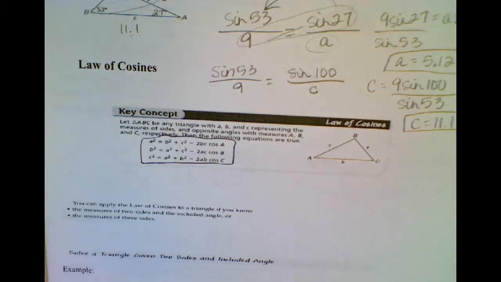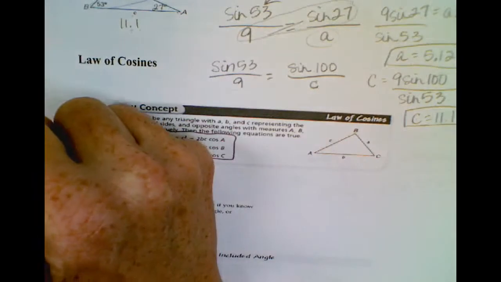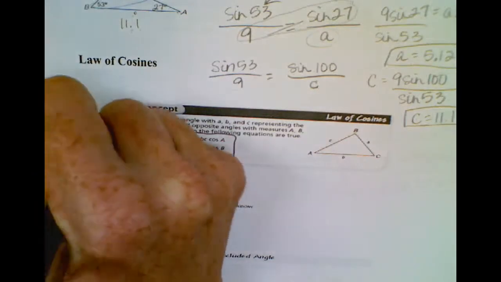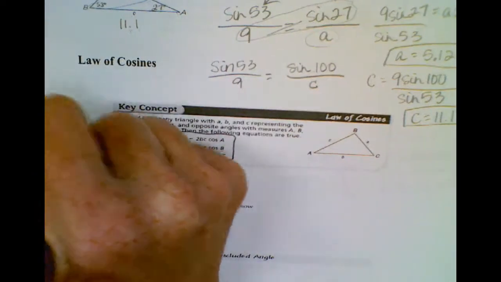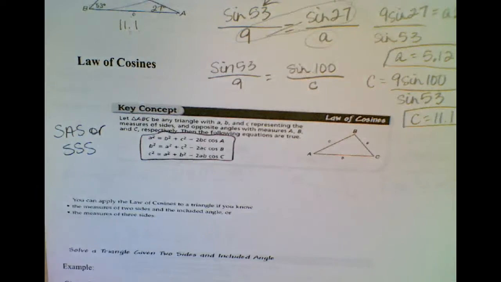Okay? The time that you're going to use law of cosines is when you have 2 sides and an angle in between, or you have 3 sides. If you have side angle side, or all 3 sides in the triangle, then you're going to use law of cosines.